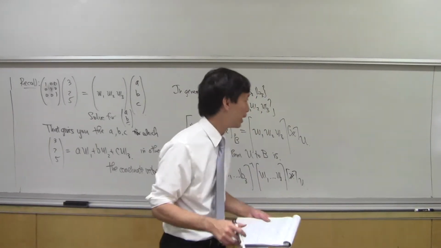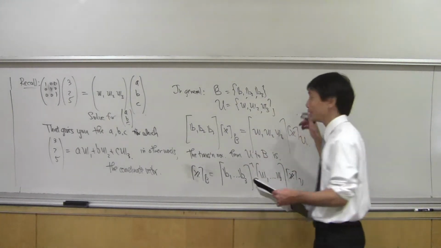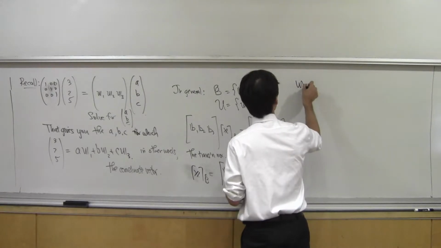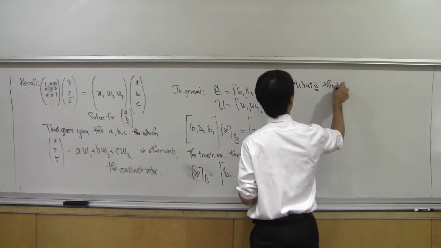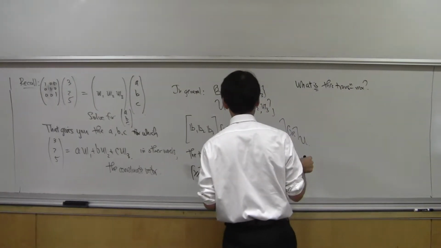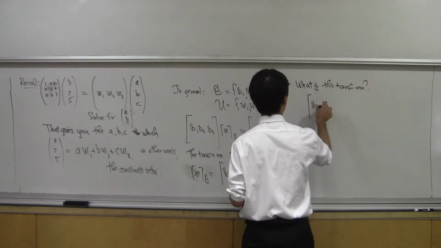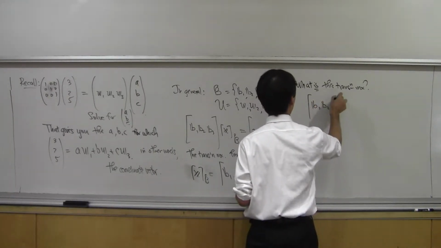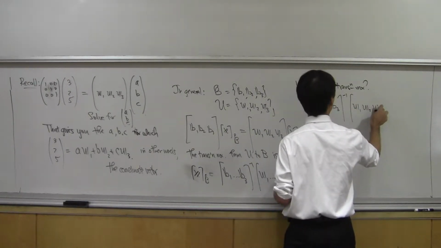Okay, I'm going to do something that I don't normally do, but maybe this will be helpful or maybe not. I don't know. Let's try it. So, what is this transition matrix? It's some matrix. We have B1, B2, B3 inverse, U1, U2, U3.